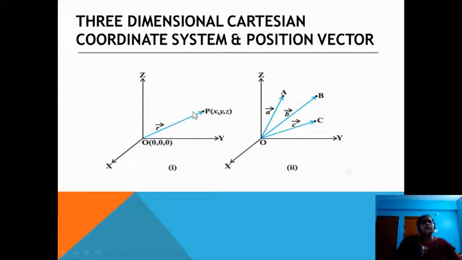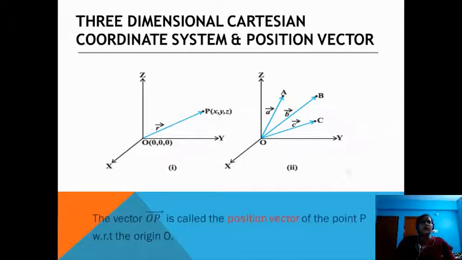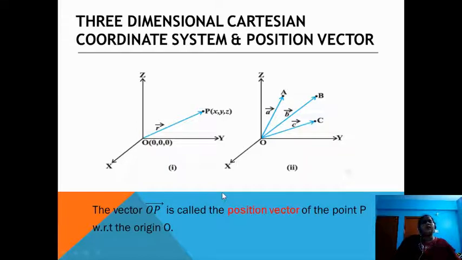So we see that we have represented our vector with a directed line segment starting at O. The initial point is O and ending at P. Now we have a new terminology also, that this vector OP is called the position vector of the point P with respect to the origin O. It is as if this vector is specifying the position of the point P with respect to the origin.